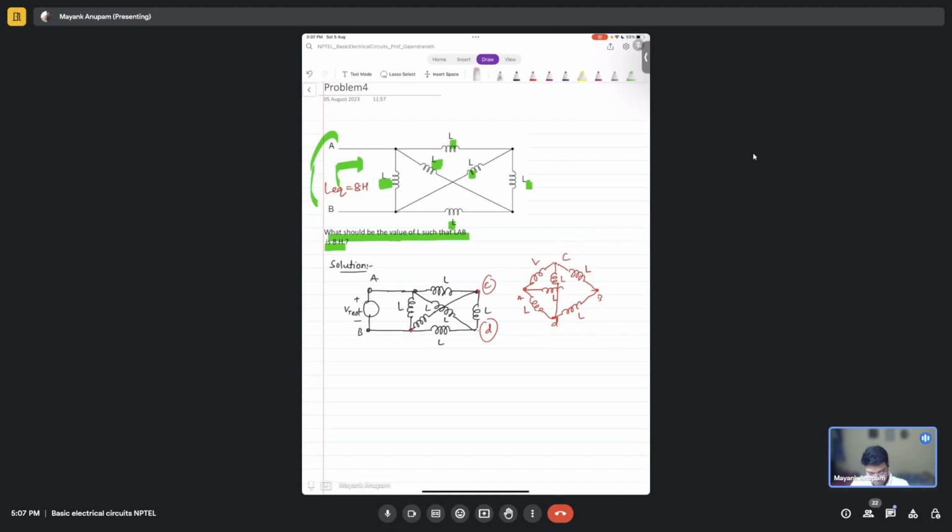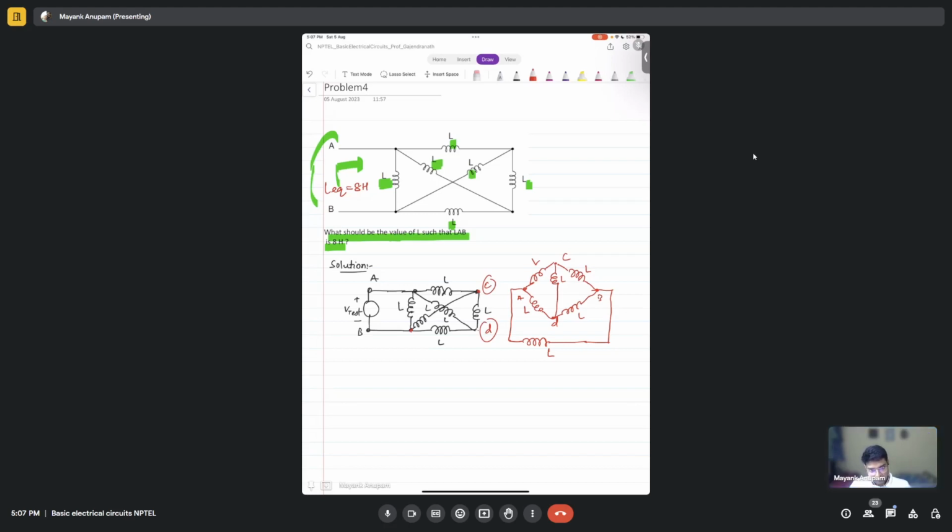L, but instead of removing between C and D, we should have done this. So take this connected between these two. All right, because we need to find between A and B, right?